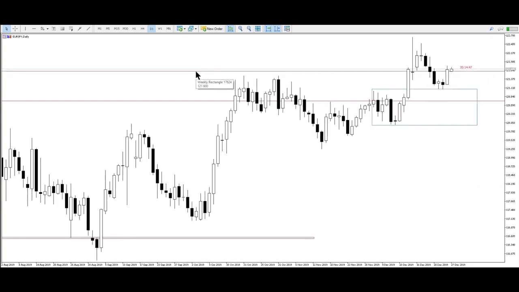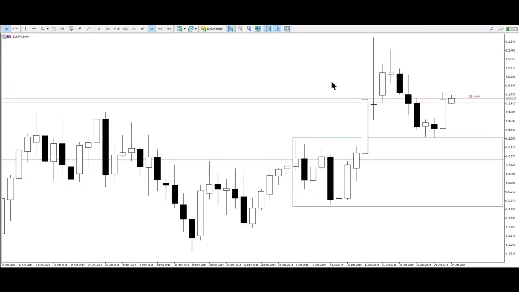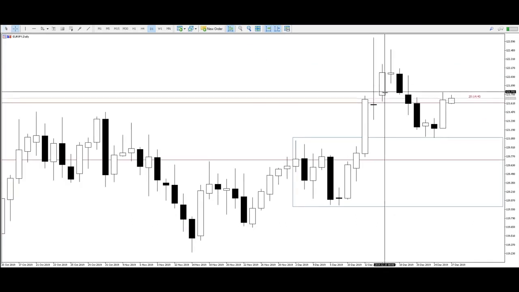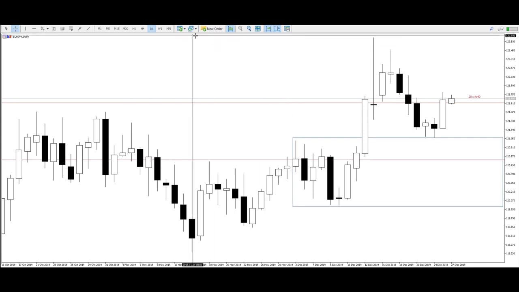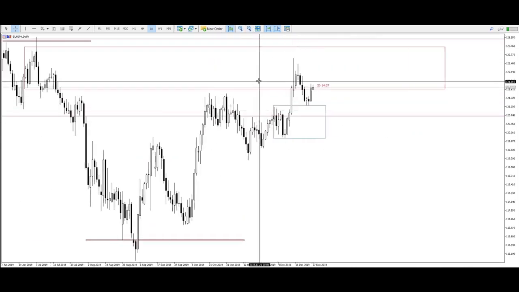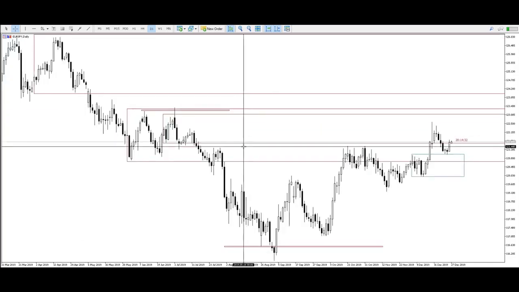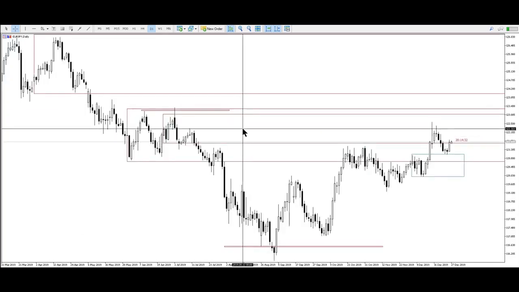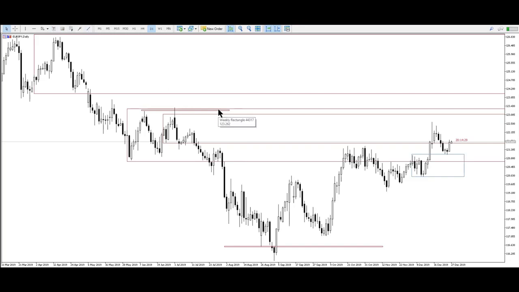So now on the daily, okay, what we can do is just spot out some extra confluence. Nothing significant here. We did get a nice raid, so let's just mark this out.